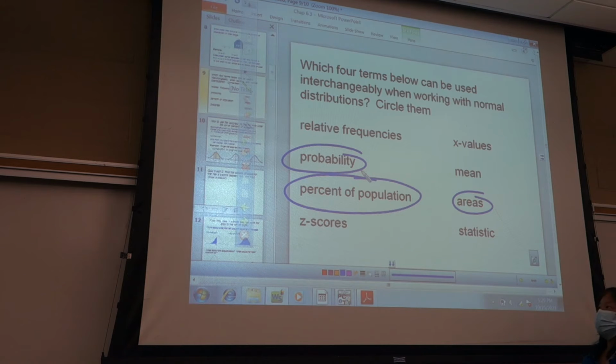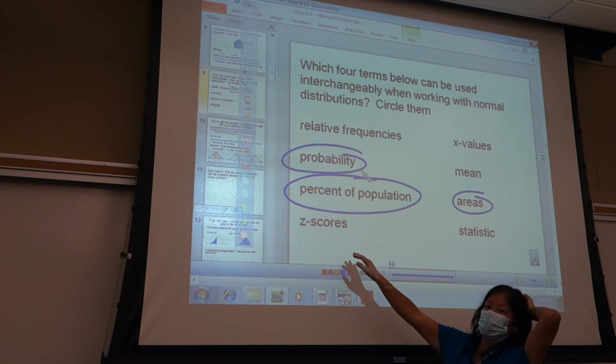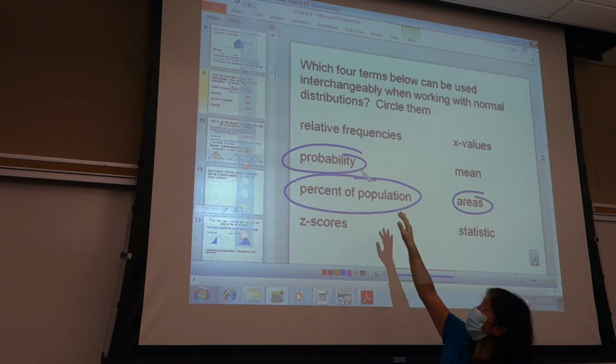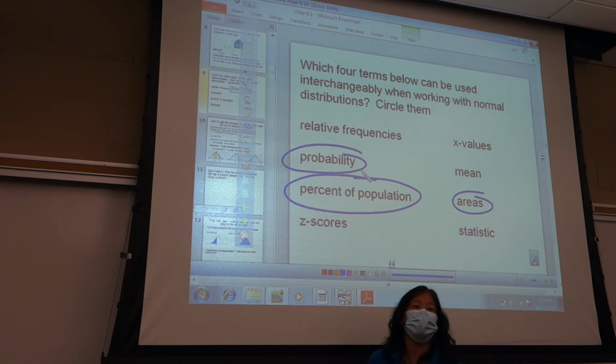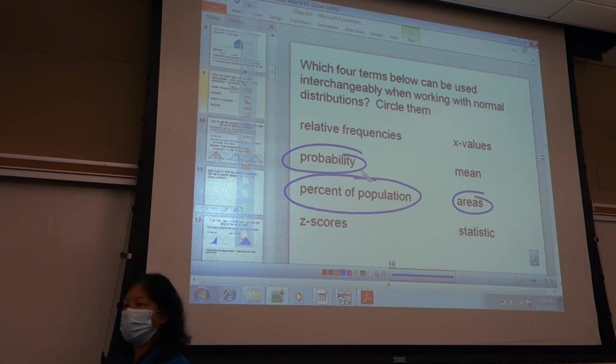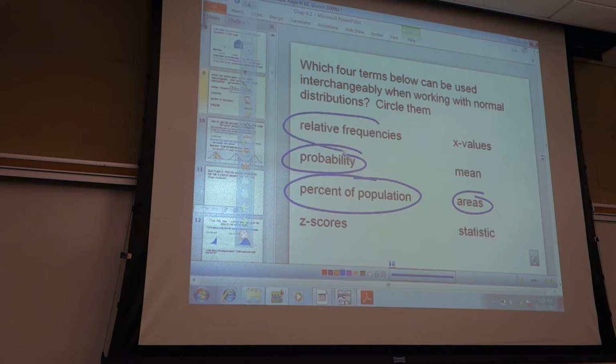Will all z-scores be between 0 and 1? Will all relative frequencies be between 0 and 1? Yes. The relative frequencies are also the percent of population that's in that class. Does anyone remember that part? Now, that one is a little less directly applicable, but it's the same concept.